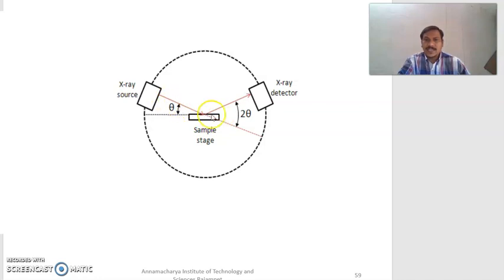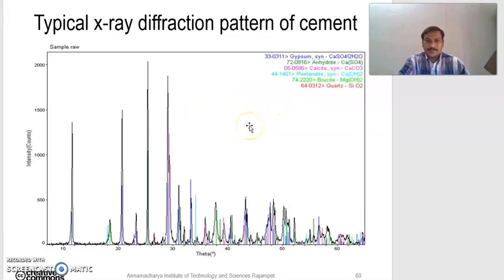The incident X-rays are incident on the crystal planes and diffracted, and these diffracted X-rays are detected by the detector. If a number of peaks are given, one peak has more intensity, one peak has less intensity, etc. So these different peaks are diffracted at different angles of diffraction from different orientations of crystal planes.